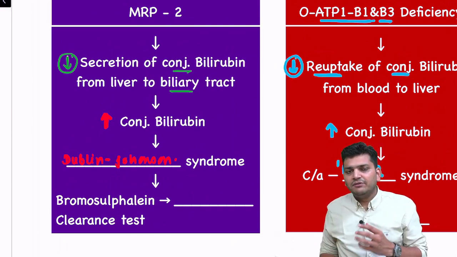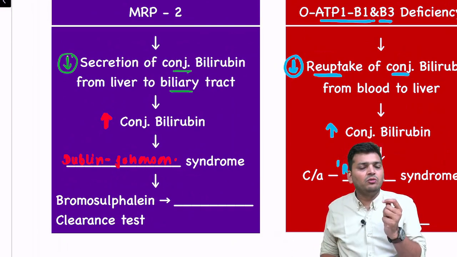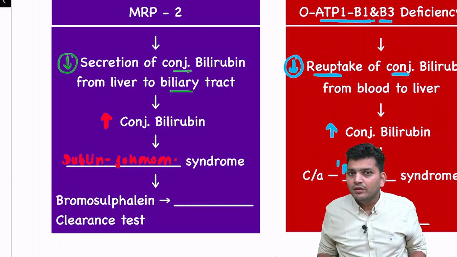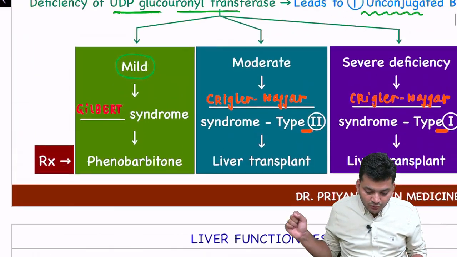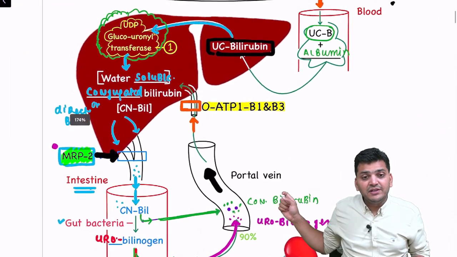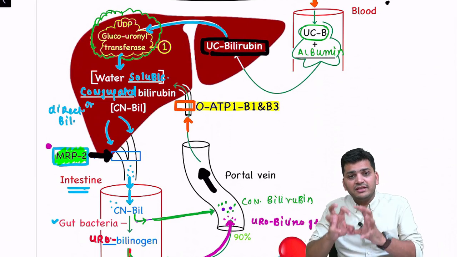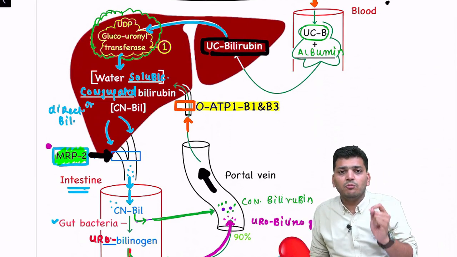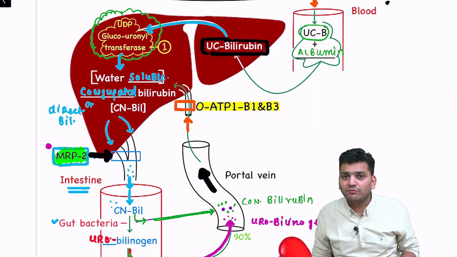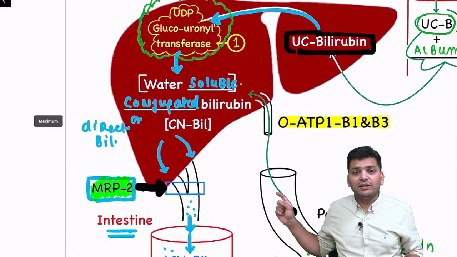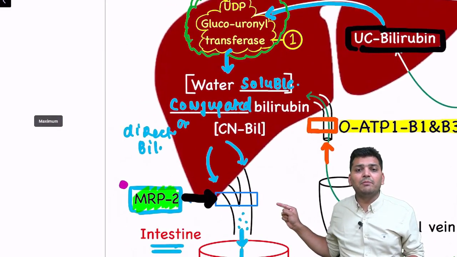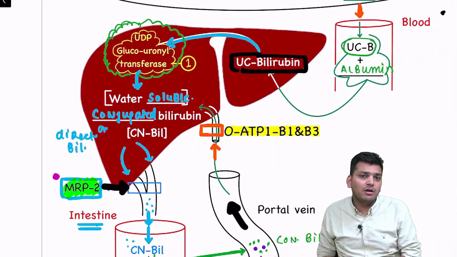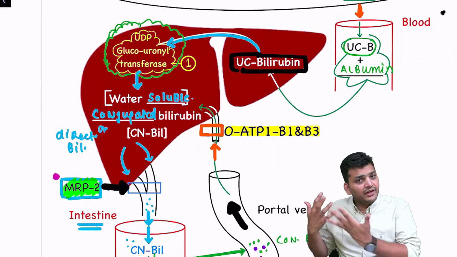Once it comes to the liver, bromsulphthalein is a molecule which can be thrown out from the liver with the help of MRP2. So, we are going to give this substance, and we will see whether the bromsulphthalein is able to come out from the liver or not, whether the clearance of the bromsulphthalein is happening or not, because bromsulphthalein can only come out from the liver with the help of MRP2. If the MRP2 is not working, the bromsulphthalein cannot come out, and if the MRP2 is working, it will come out.